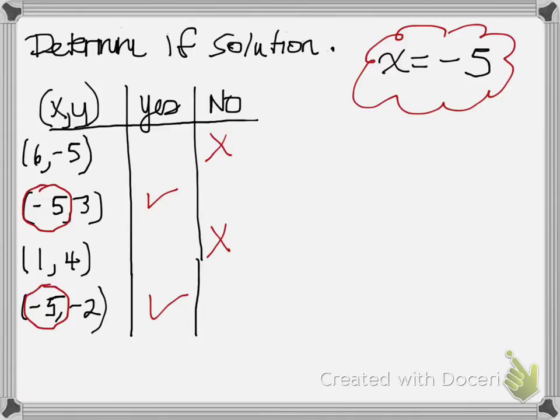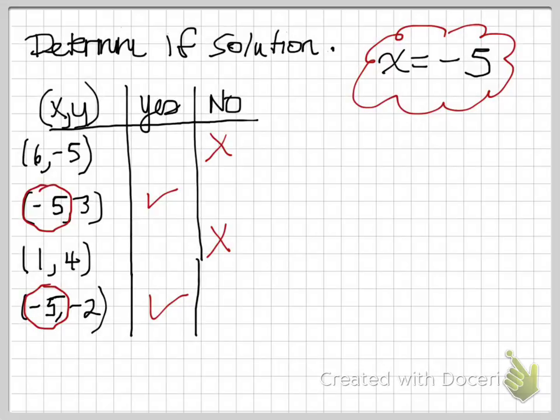But what I want you to see now is what would that look like on a graph? We're going to take it one more step than what the problem is actually asking for because I want you to be able to connect the dots. What if instead the question said for you to graph x is equal to negative 5?